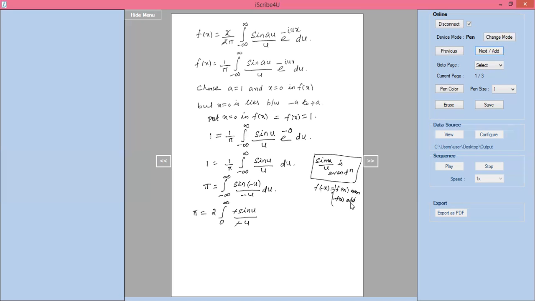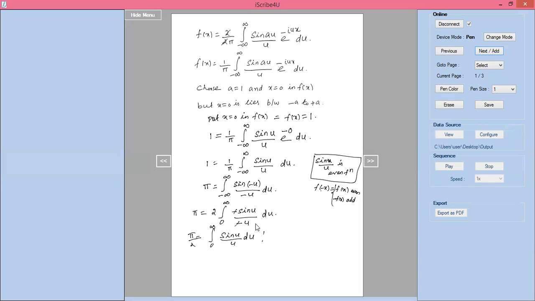So whenever it is an even function, you get the same function, and we write the limits minus infinity to plus infinity as 2 times 0 to infinity of sine u divided by u into du. So pi by 2 equal to the integration of 0 to infinity sine u divided by u into du.